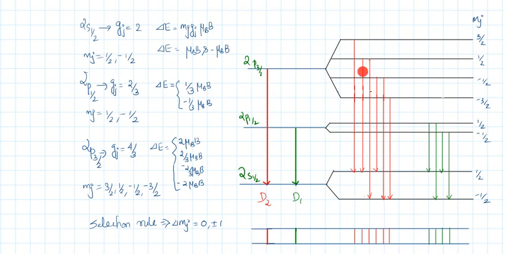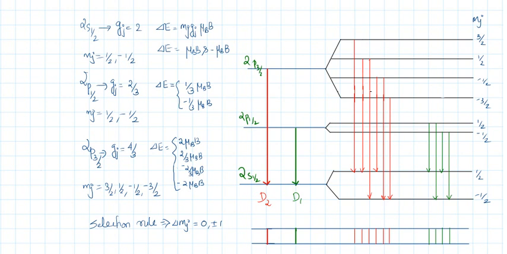From 1/2 you can have a transition to 1/2 and you can have a transition to minus 1/2. From minus 1/2 you can have a transition to 1/2, you can have a transition to minus 1/2. From minus 3/2 you can have a transition to minus 1/2 only. So there are 6 possible transitions. So effectively this D2 line in the presence of a magnetic field will split into 6 lines.